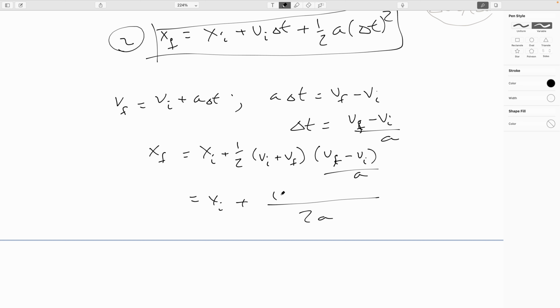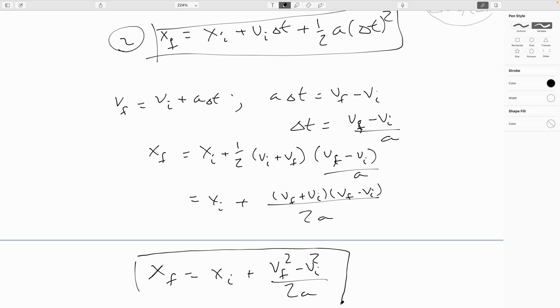If I swap these, I'll have V final plus V initial times V final minus V initial. And I remember that when I multiply these two together, that's going to give me V final squared minus V initial squared. So I'll have that x final is equal to x initial plus V final squared minus V initial squared over 2 times the acceleration. And that is the fourth of my gang of 4.